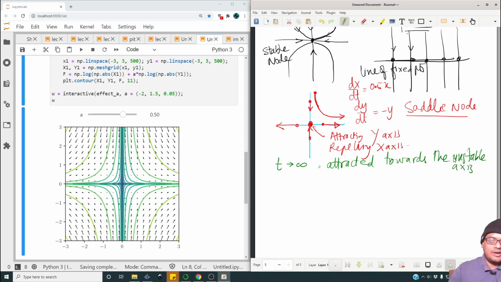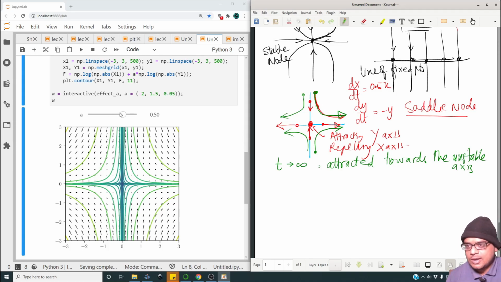I mean, you would imagine that as time goes to infinity, it would be attracted towards a stable axis, but no. Here, it is attracted initially towards the origin in the y direction, but then once it becomes close to y equal to 0, it gets pulled away to infinity along the x-axis. So it's attracted towards the unstable axis. It sounds very counterintuitive, but this is what it is. Where points go like this, points go like this, and points go like this. Okay, this you can see over here as well.